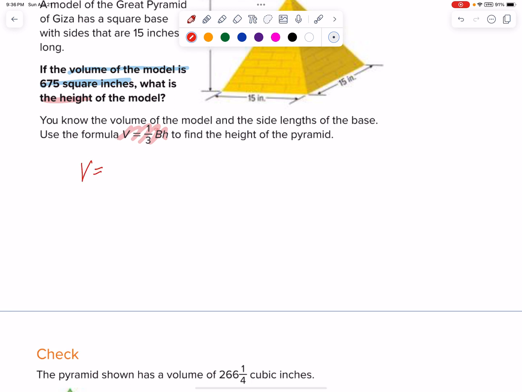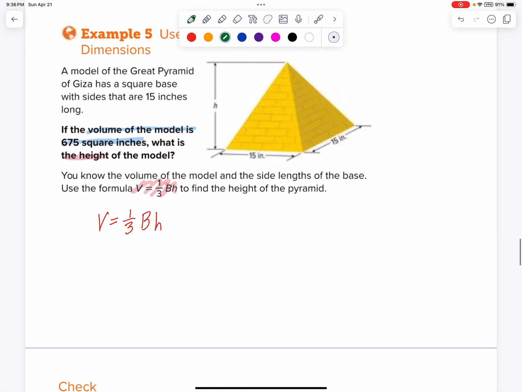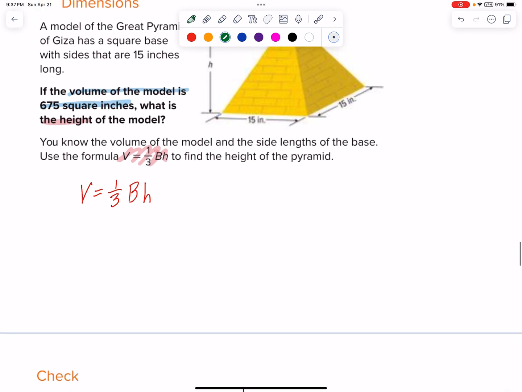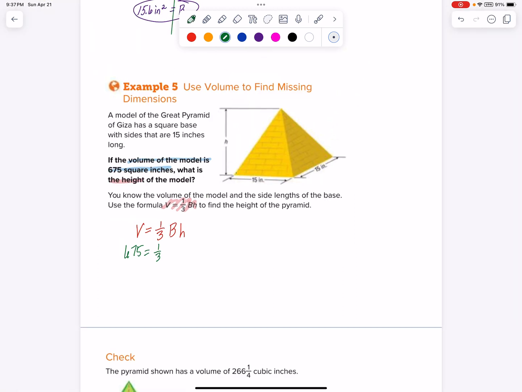So we have volume equals 1/3 area of the base times the height, and let's start plugging in some things that we know. We know the volume is 675, so we can plug that in. We can leave our 1/3. Do we know the area of the base? Well, we do, because it's a square, so it's going to be this shape here.